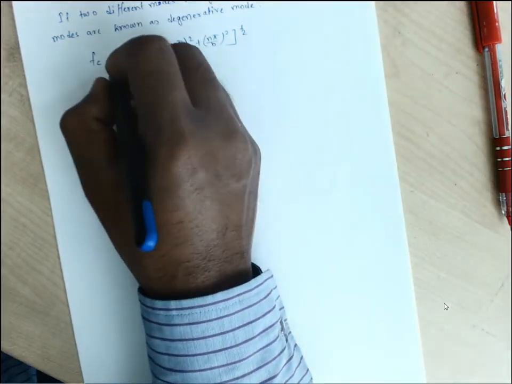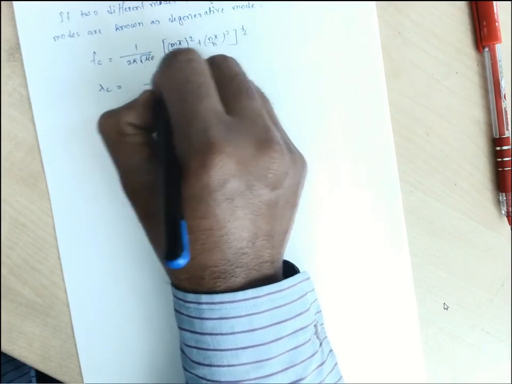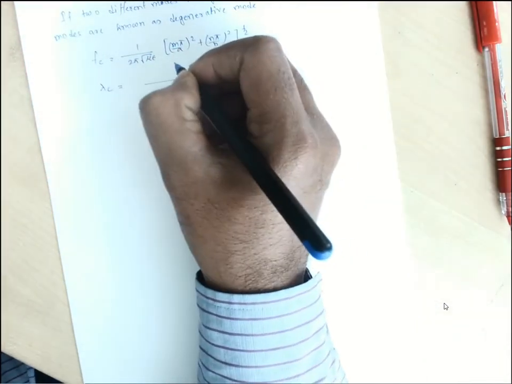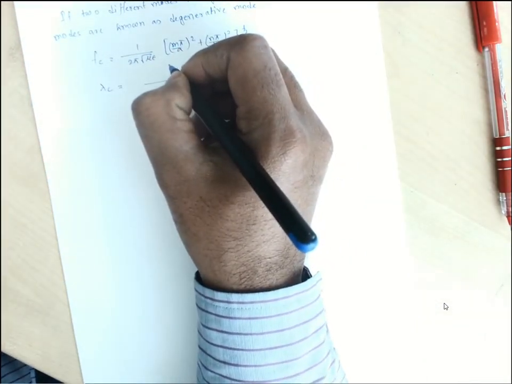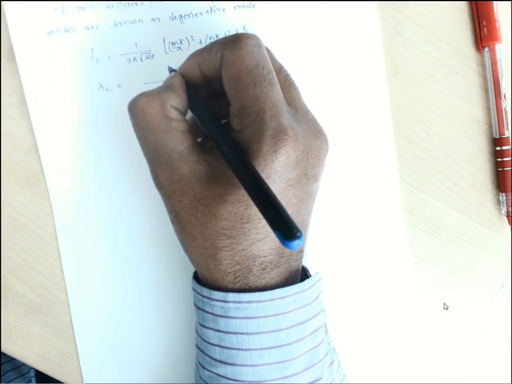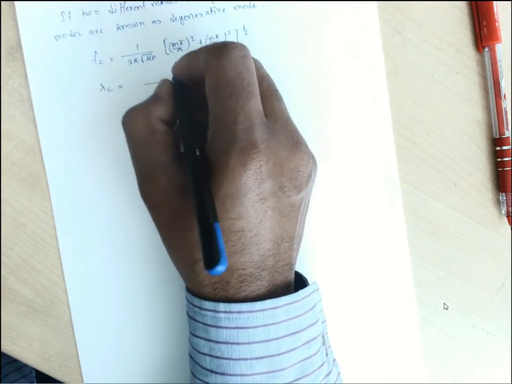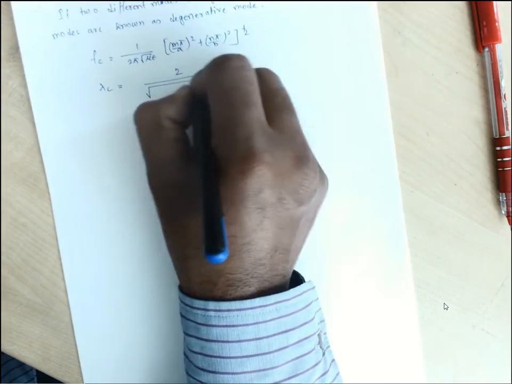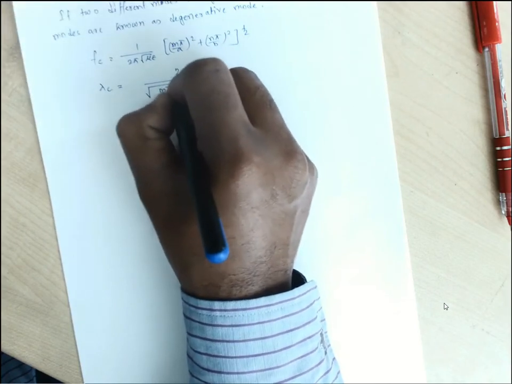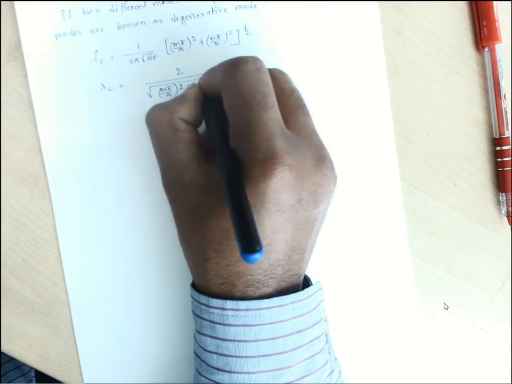Or if we go with lambda c, when we are filling with free space, we can write it like this: 2 by (m pi by a) whole square plus (n pi by b) whole square.